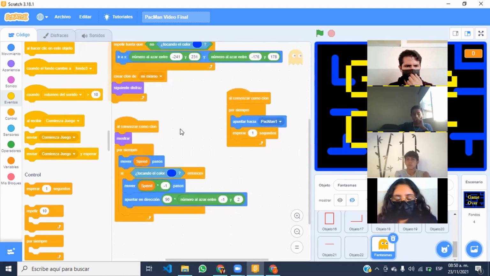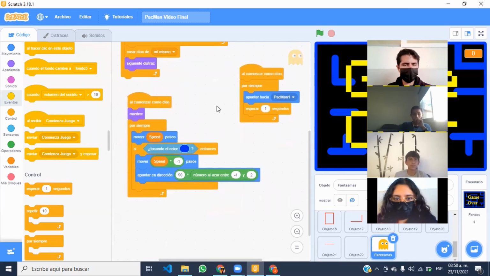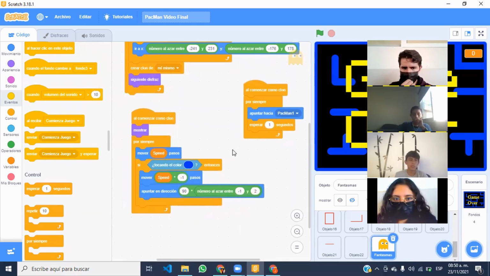When the clone is made, it has to move towards the Pac-Man, but without touching the blue parts because it is not allowed to touch them. And like I said before, if the points are a multiple of 10, the speed is going to increase and it is going to be more difficult for the user to win.